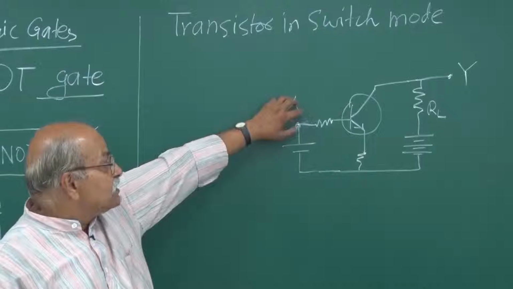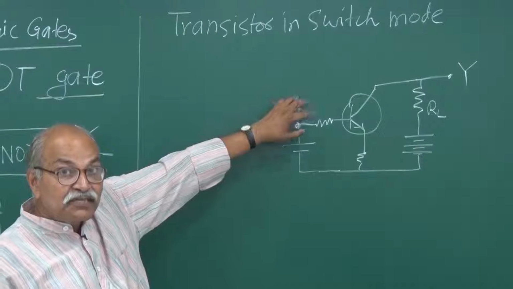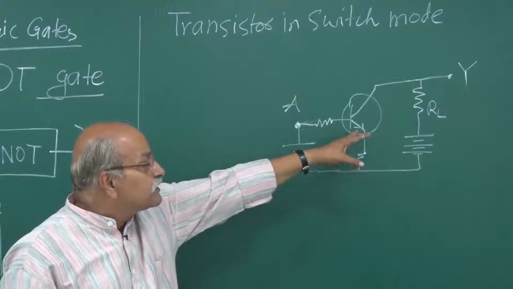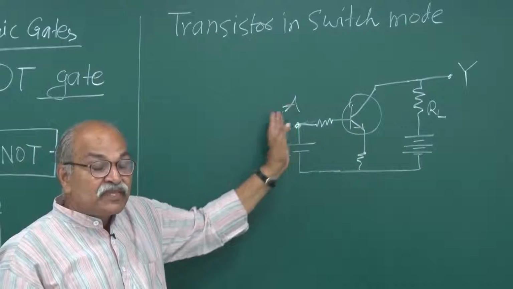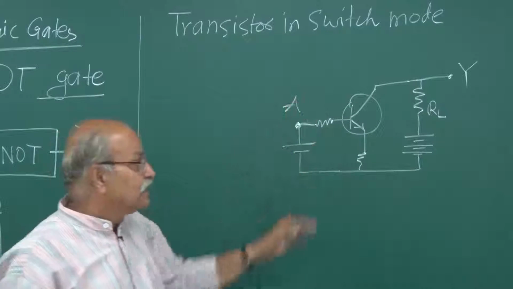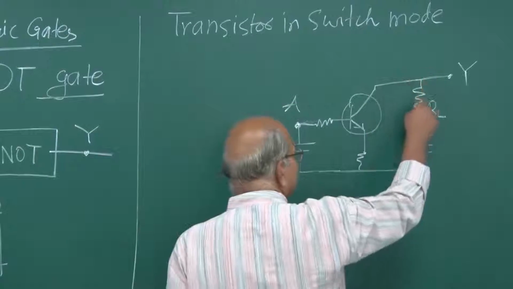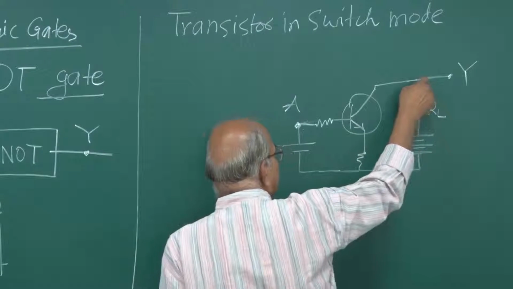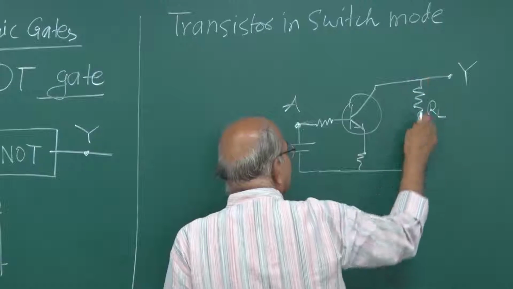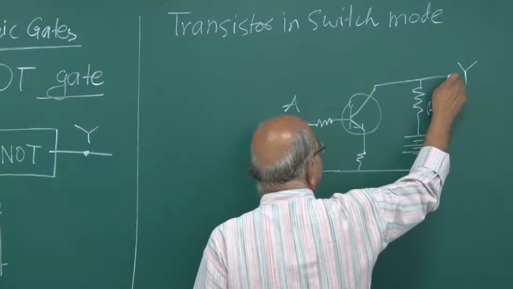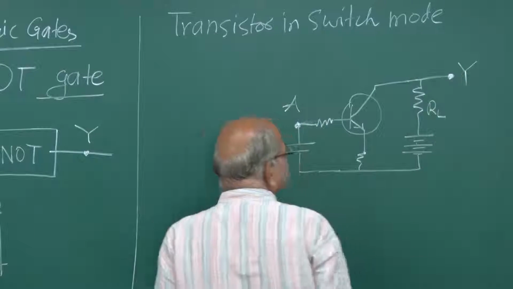If sufficient voltage is given here so that you have driven the transistor into saturation mode, then the maximum possible current can go in that configuration, and then you have a potential drop here, and therefore this potential is low, right?